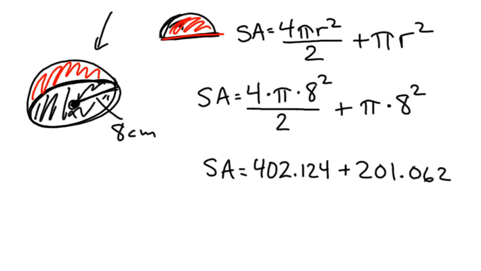I combine those two things together and round to 1 decimal place, and we end up with 603.2 centimeters squared. So, spheres, cones, and cylinders.